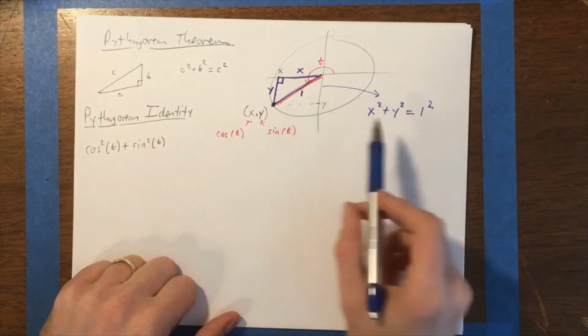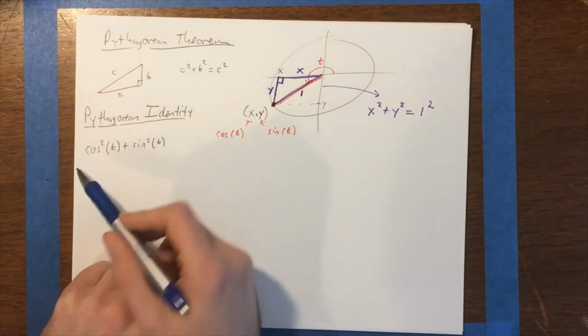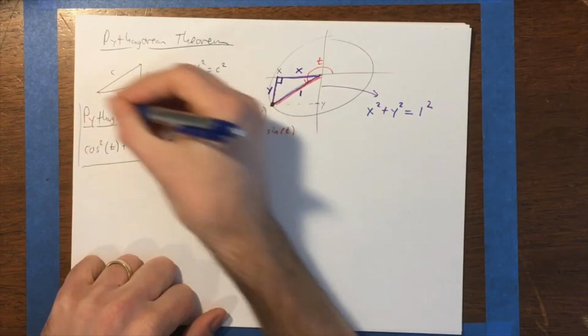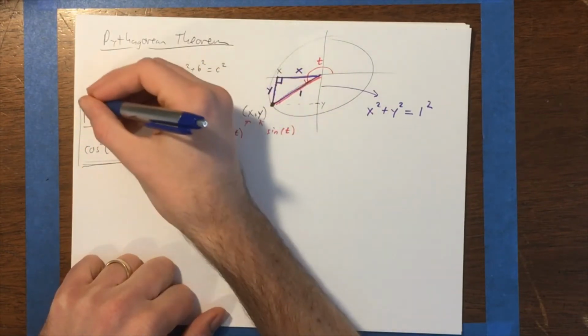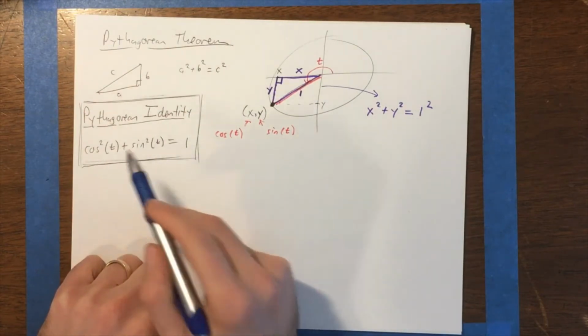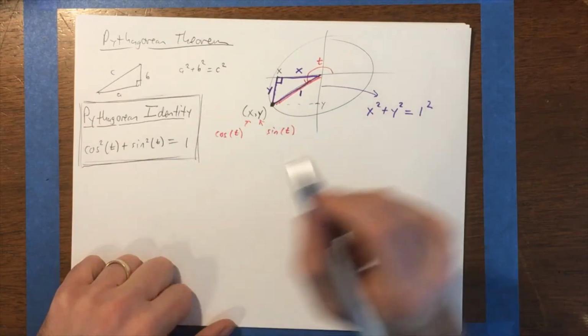If we take the x and the y in this equation over here and replace them with cosine and sine, we get cosine squared plus sine squared equals 1. And that is an identity. That'll always be true for any angle. For any value of t, square the cosine value, square the sine value, add them together, and you'll always get 1.